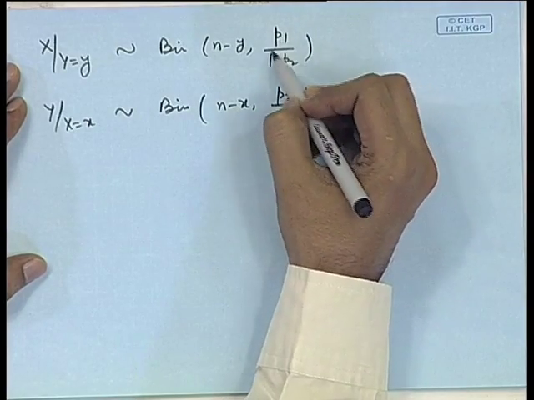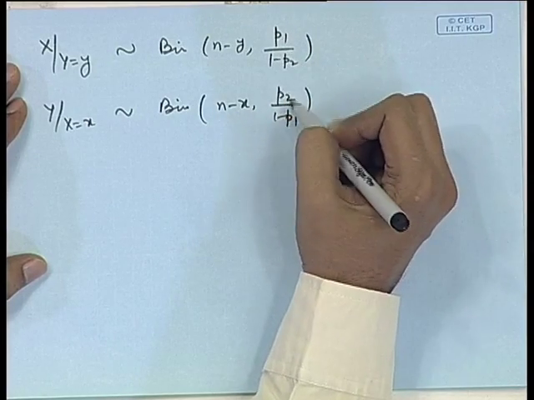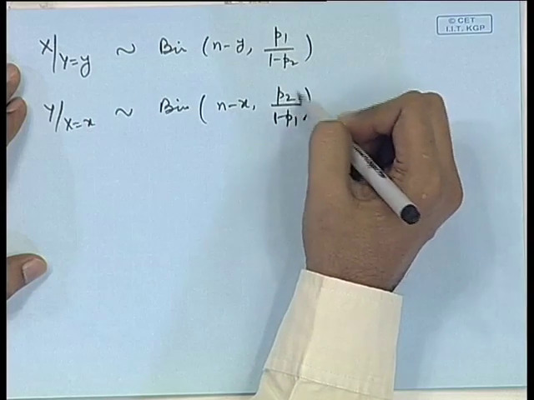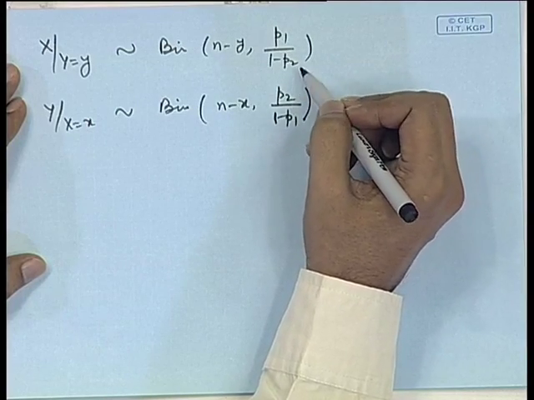Of course, when we write p 1 by 1 minus p 2 and p 2 by 1 minus p 1, we are assuming that the number is between 0 and 1.